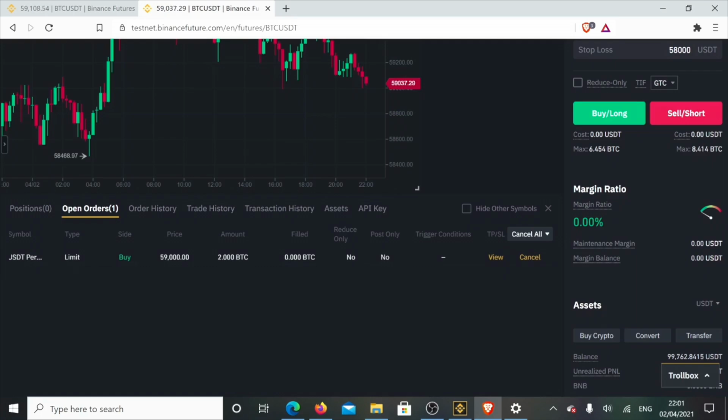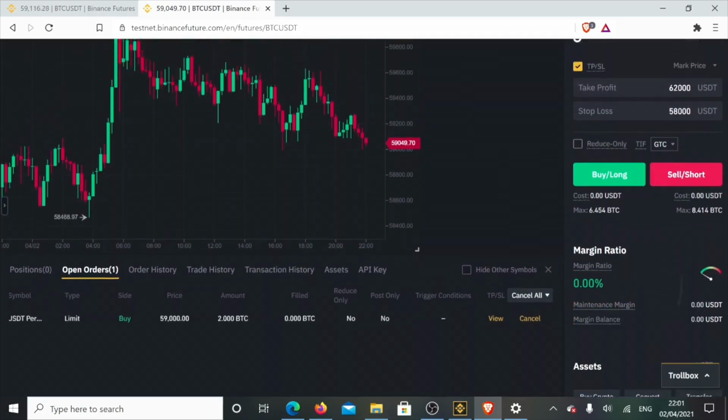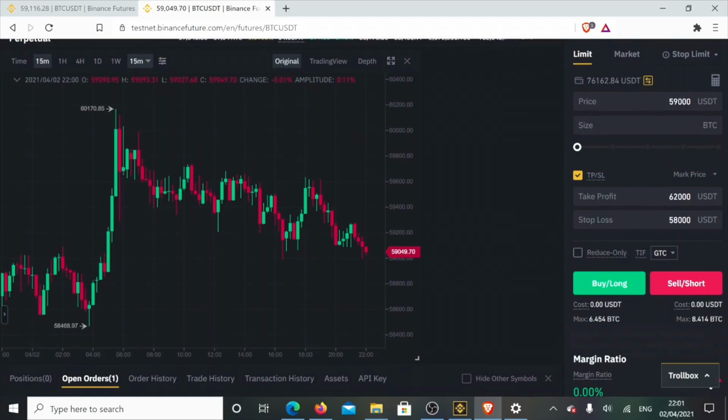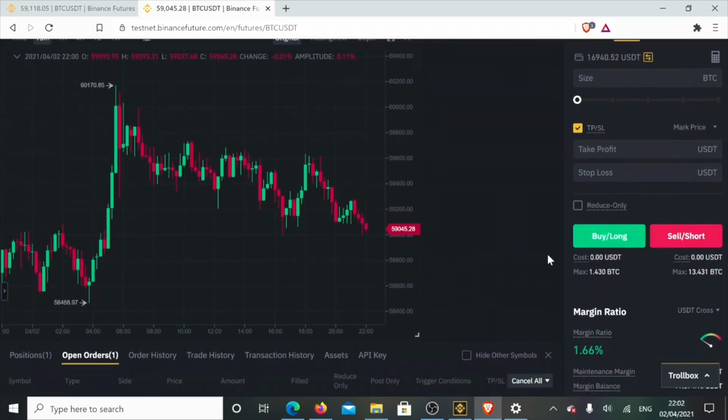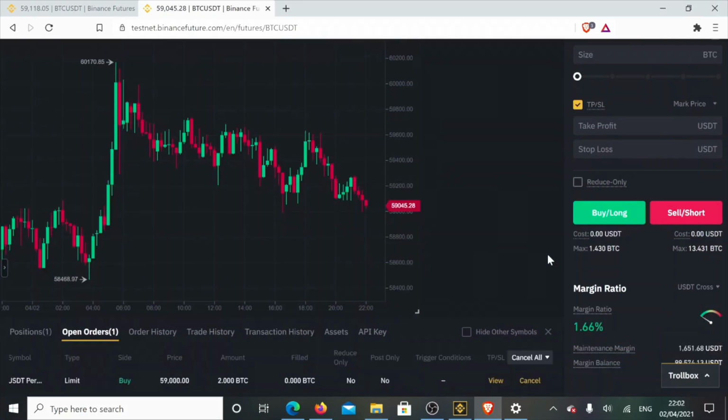You get to this point when your maintenance margin... let me open a trade so it will be easier. Let's open a market trade right now. Let's buy 5 Bitcoin, click on buy or long, and let's see.